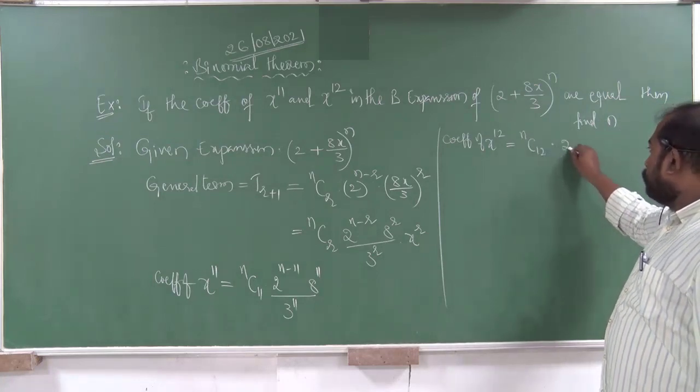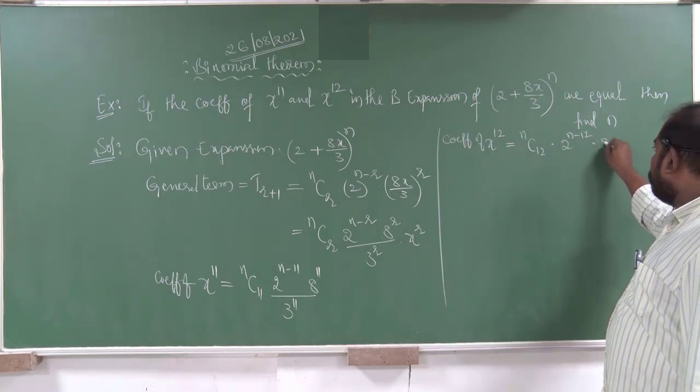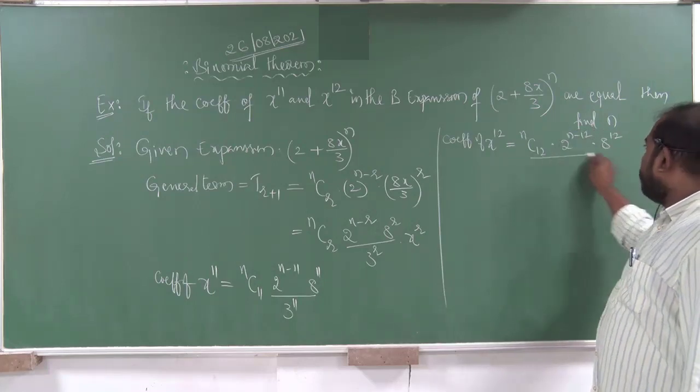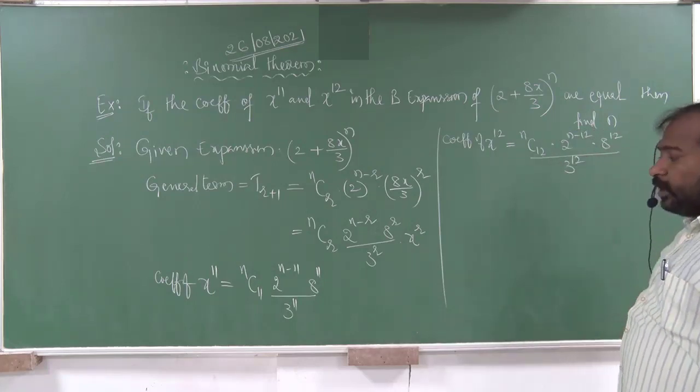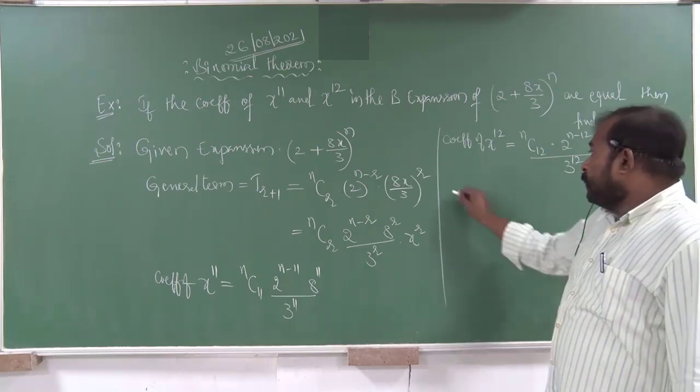nC12 into 2 power n minus 12 into 8 power 12 by 3 power 12 is the value. But by data they are equal.